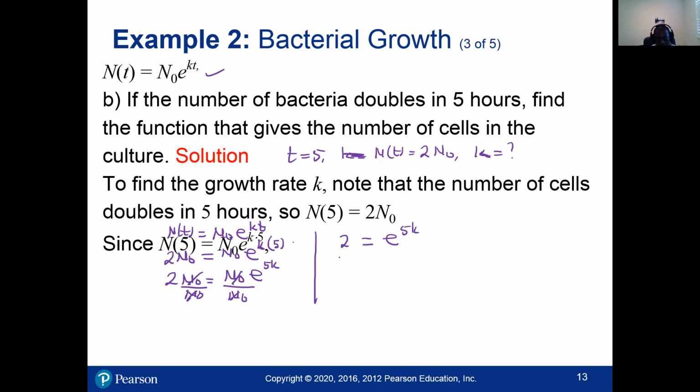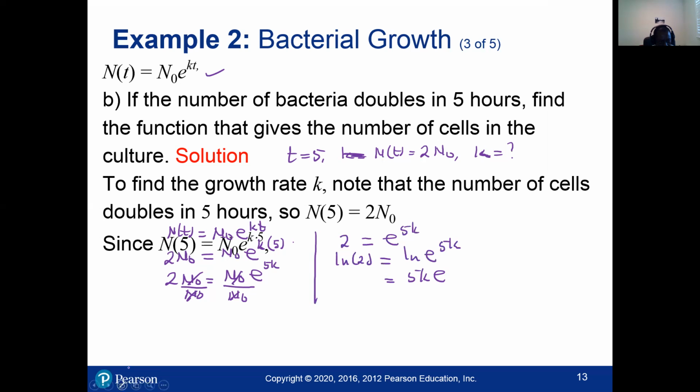All right, so then we take natural log on both sides, natural log of 2 is equal to natural log of e raised to 5 times k, and the right hand side becomes 5k, natural log of e.